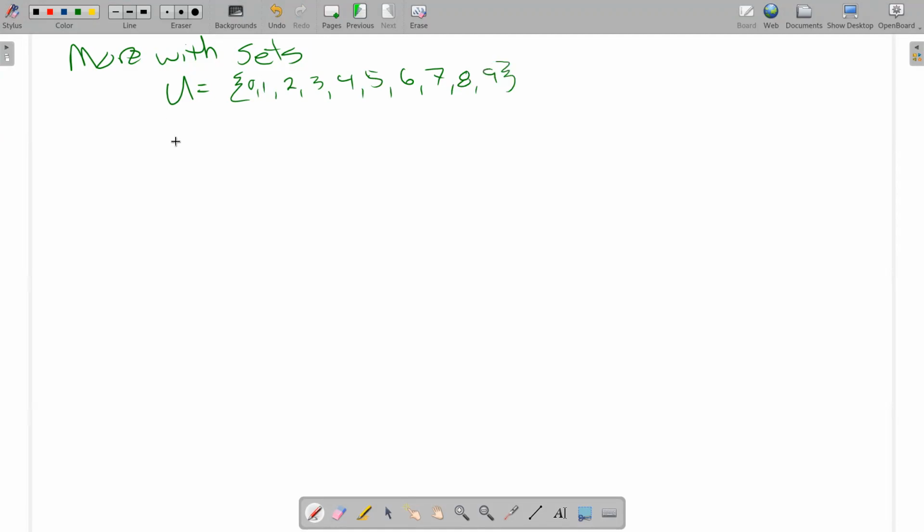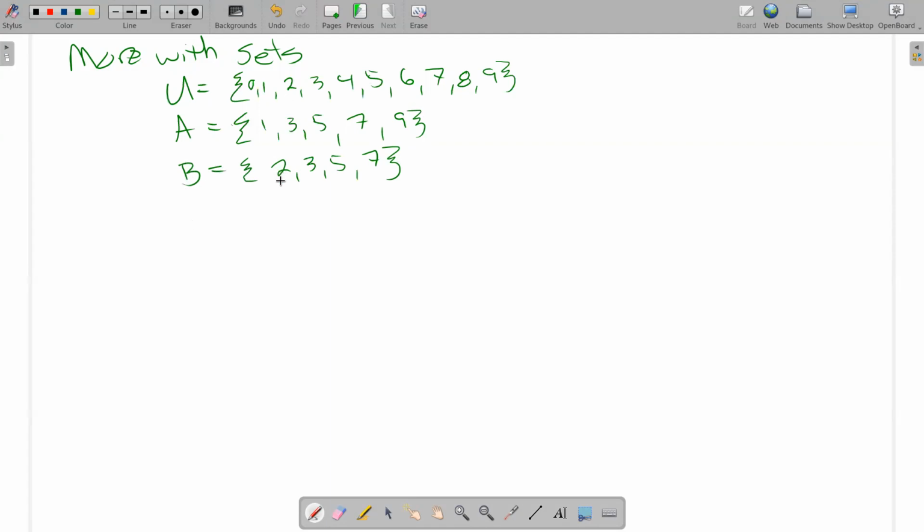And then we had set A, which was our odd numbers, 1, 3, 5, 7, and 9. We did a set B, which were our prime numbers, 2, 3, 5, 7. So the curly brackets tell us when the set starts and when the set ends, and we list them in between. Capital letter is the set name.